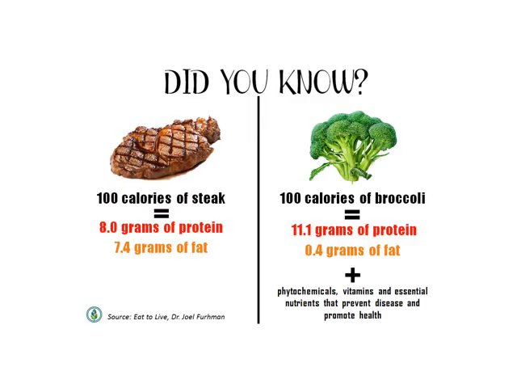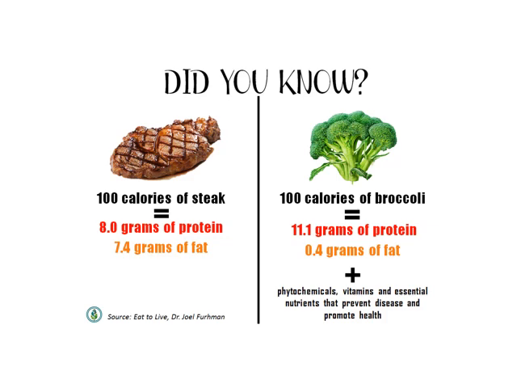Okay, so here you have this random advertisement that you can find on the internet where Dr. Joe Furman gives you this comparison between steak and broccoli. If you can see from this ad, broccoli has a higher amount of protein, and then steak.